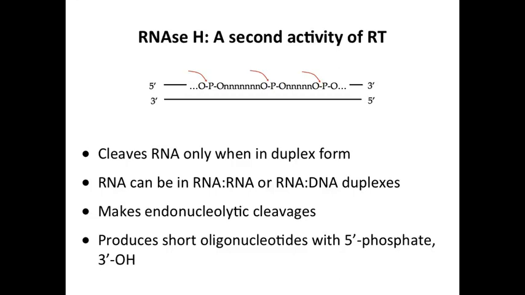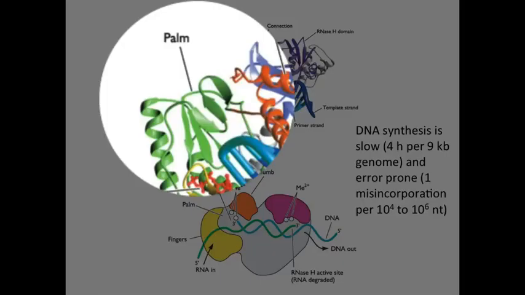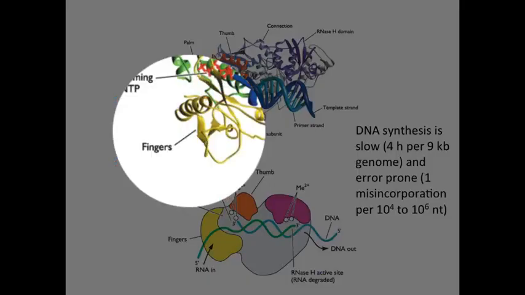So that's RNase H. We do have structures at high resolution of many reverse transcriptases. This happens to be the reverse transcriptase of HIV-1 at the top here. You can see it has the motifs of a typical nucleic acid polymerase. It has a palm domain, and that's where the active site is. It has a fingers domain, a thumb.